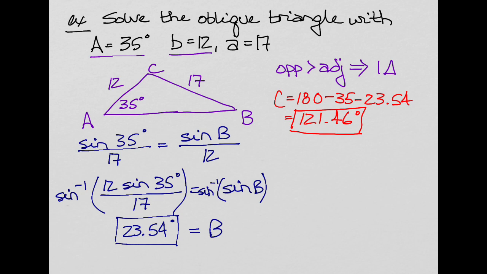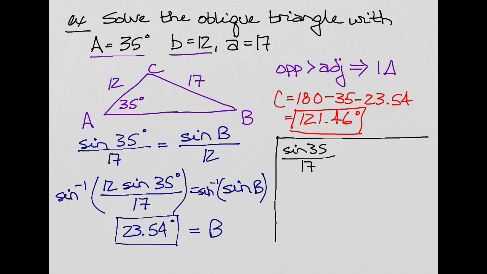One more thing to do, and that is we need to find side c. And the way that we're going to be able to do it is by using the law of sines again. This time I don't really have a choice. I'm going to have to use the value of angle C that I just calculated. I'm going to have my sine 35 over 17.